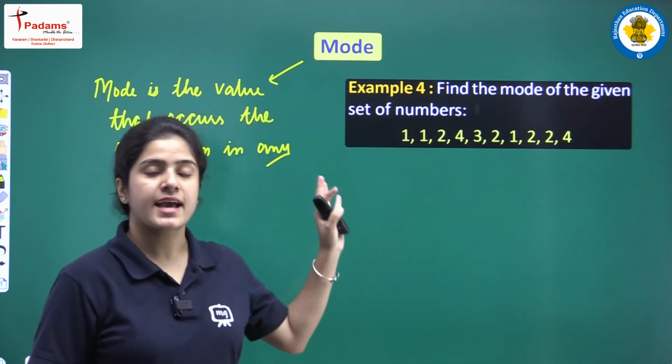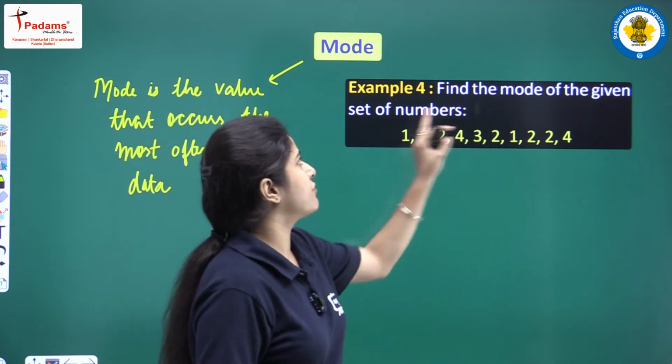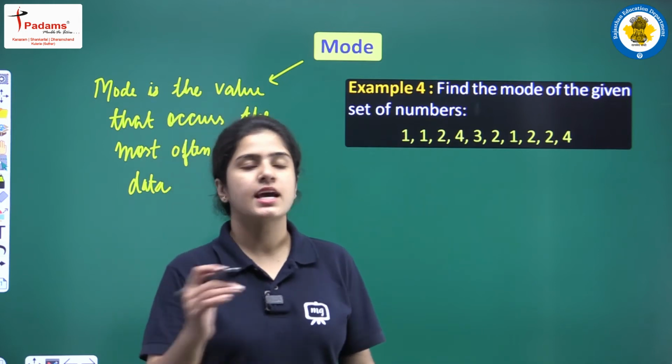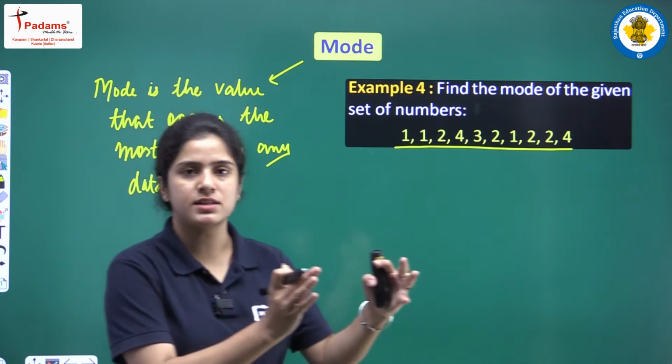Suppose students, this is an example of finding the mode. Find the mode of the given set of numbers. Firstly, we will arrange the same type of numbers together.